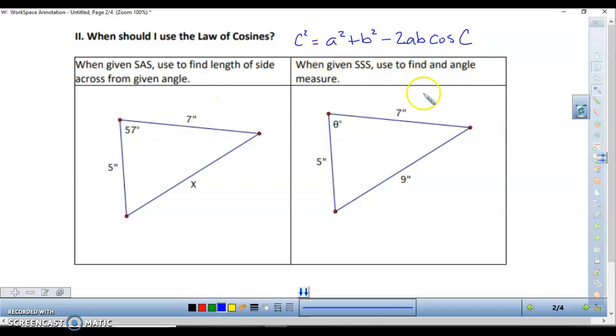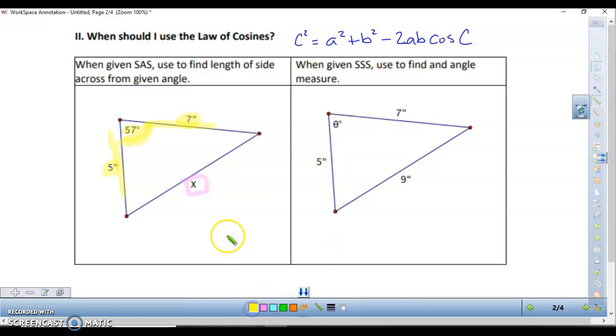So if we want to find a missing side length, we have to know a side, and the angle between two given sides. Side, angle, side. So if I knew this angle and I knew this side, I could then find this missing side. I'll show you an example of how we do that.